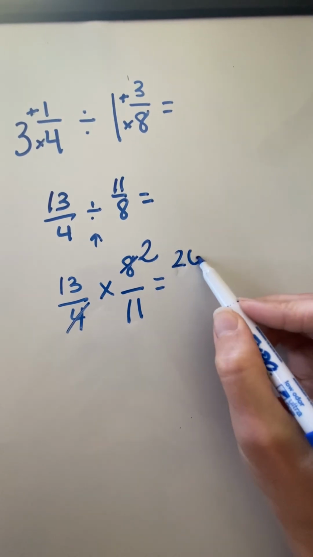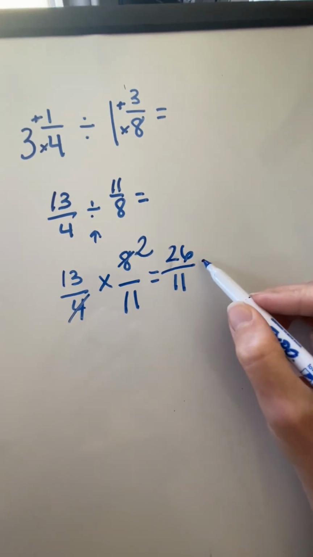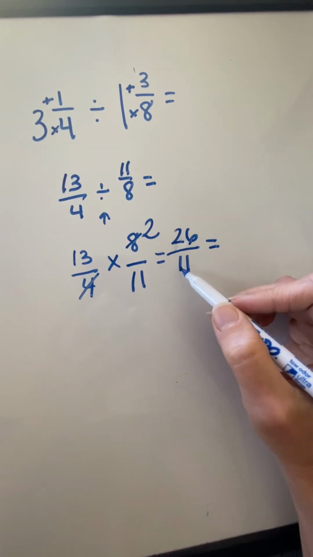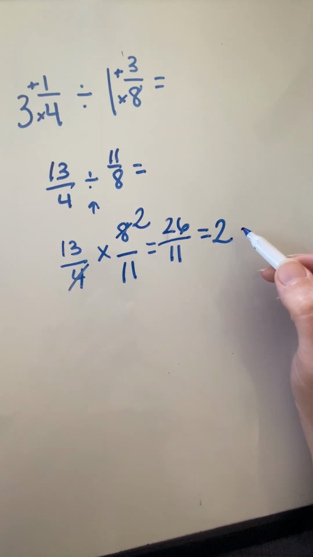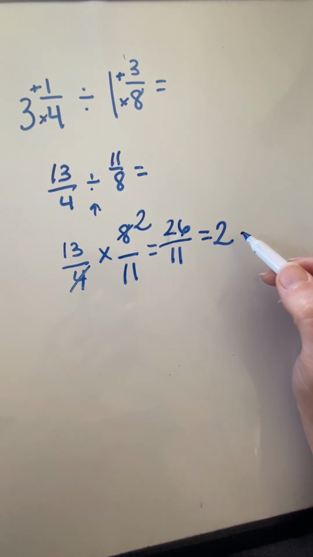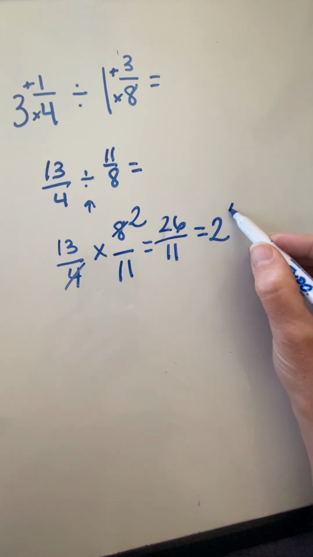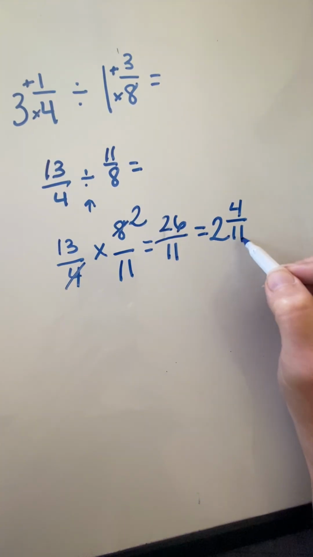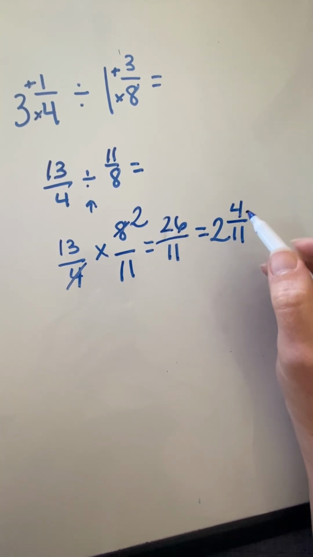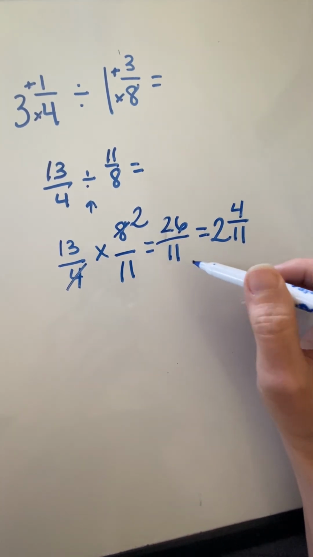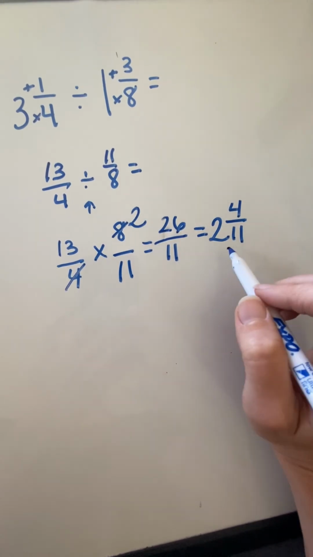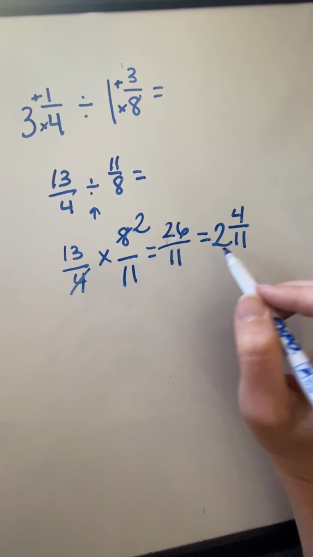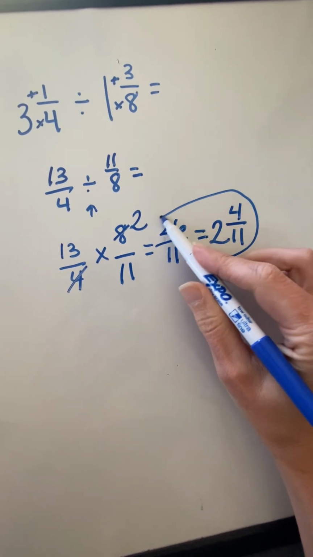This is 26 out of 11. If you take 26 divided by 11, you'll get 2 with 4 remaining. So then you either have the improper fraction of 26 elevenths or you have 2 and 4 elevenths, but this is your answer.